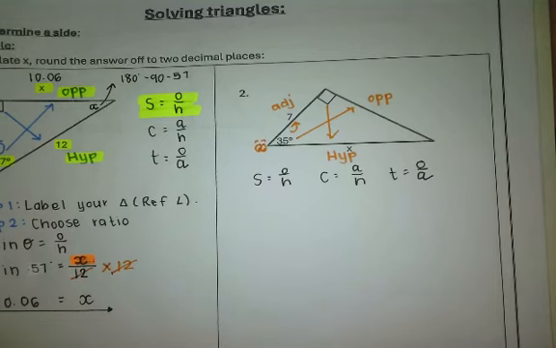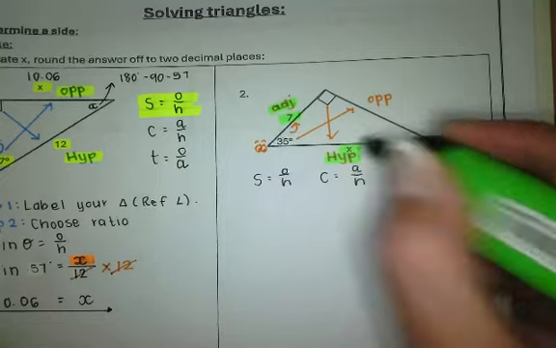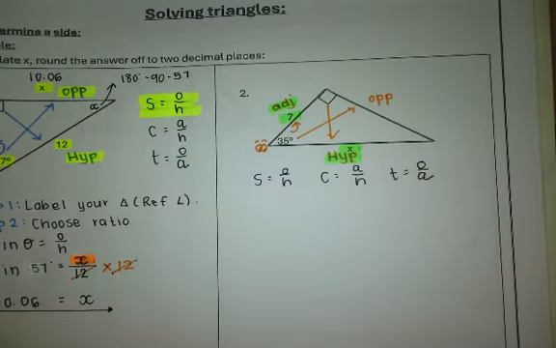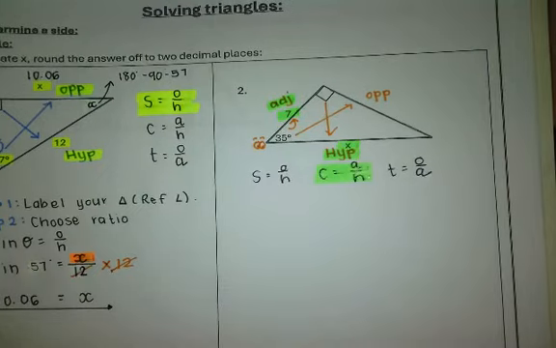So what is relevant in this triangle, grade 10s? It is the adjacent side and hypotenuse. Opposite is irrelevant because it's not what we want to calculate and they didn't give us the length of the opposite side. So we want to use a ratio that's got adjacent and hypotenuse, which is cos.